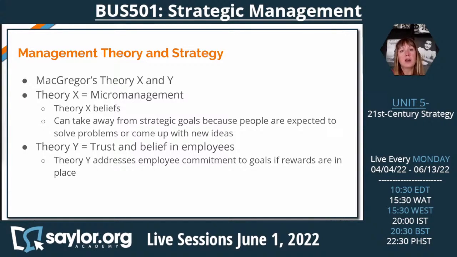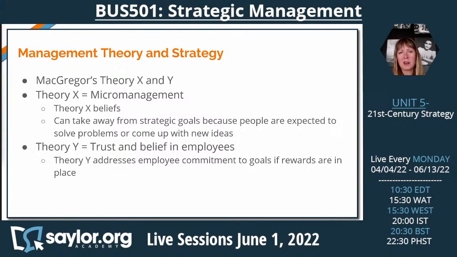So one common theory that maybe you've heard of before is McGregor's theory X and Y. And this theory is pretty simple. As you think about it, I want you to think about managers that you've had and try to identify which one of these management styles they tended to use. So a theory X manager tends to micromanage people.